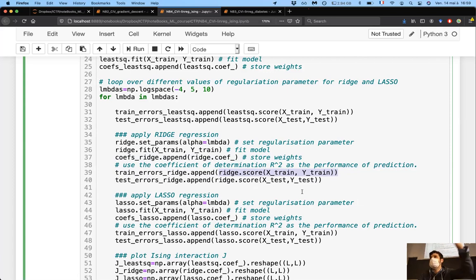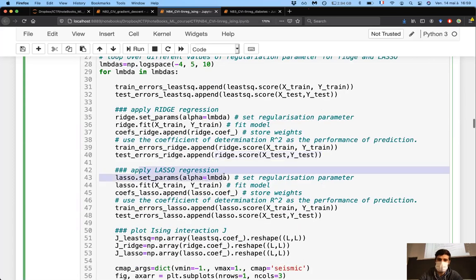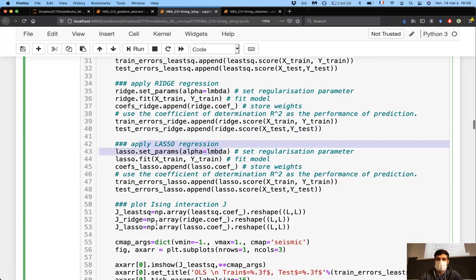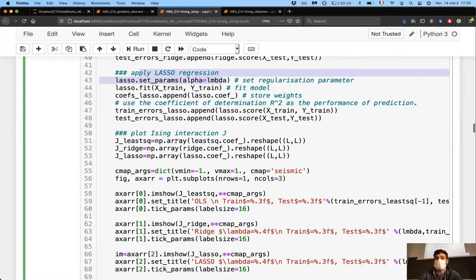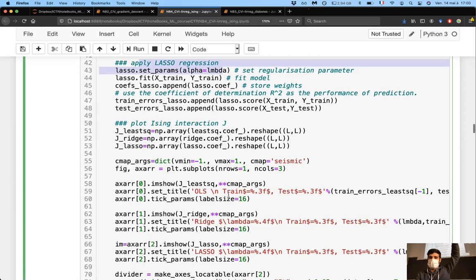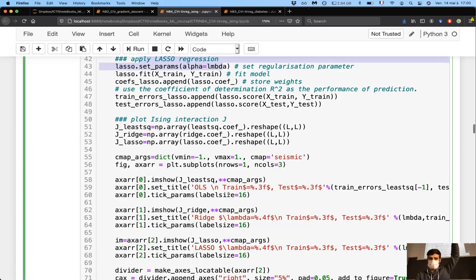Actually, it's a score, so you want this to be high. It's a measure of performance. And I'm looking at the score on the test set. I do the same for lasso. And then I'm just plotting what I reconstructed. I reconstructed an L squared dimensional vector, and then I'm just reshaping this vector into a matrix.